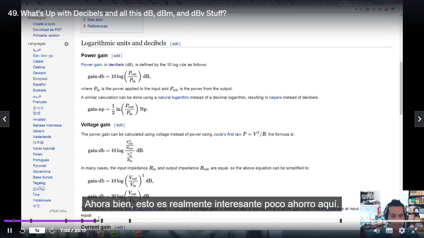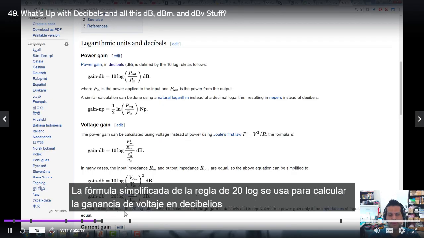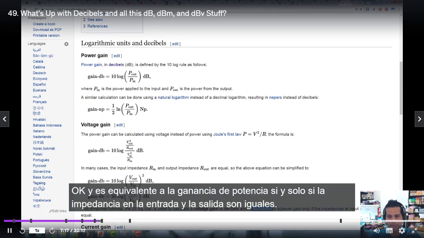All right. Now, this is an actually interesting little statement right here. This simplified formula, the 20 log rule, is used to calculate voltage gain in decibels, and is equivalent to power gain if and only if the impedance at the input and output are equal.